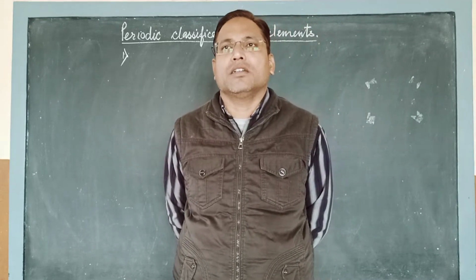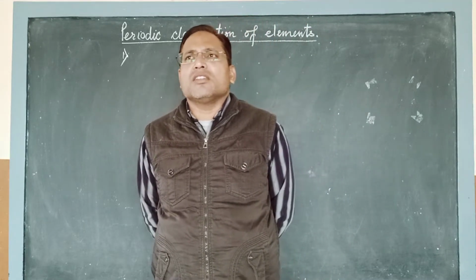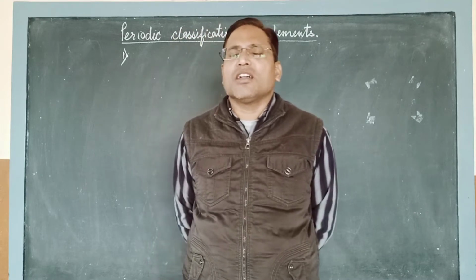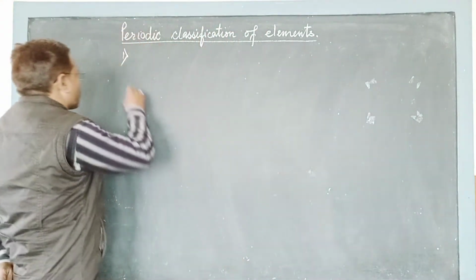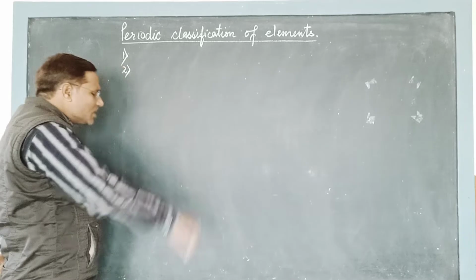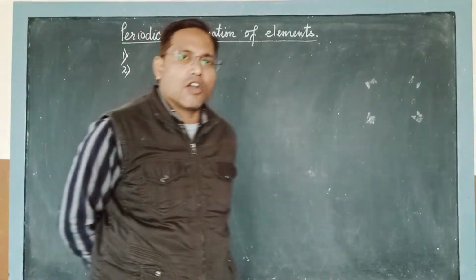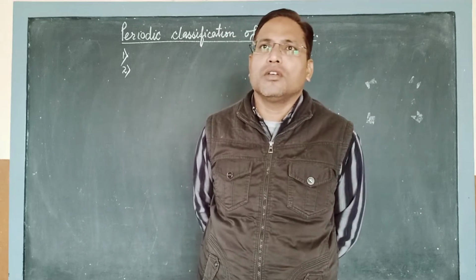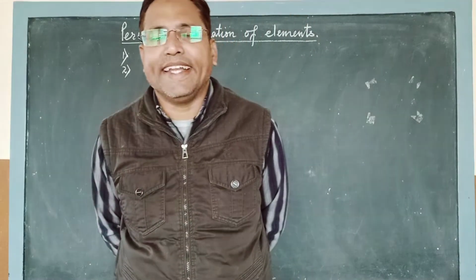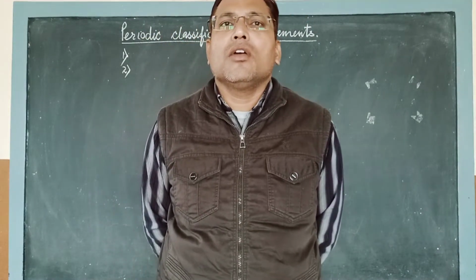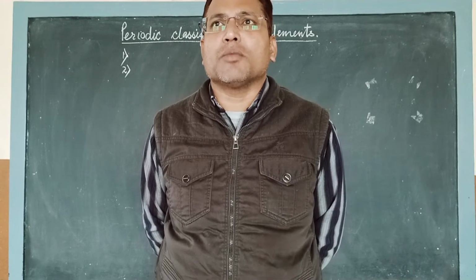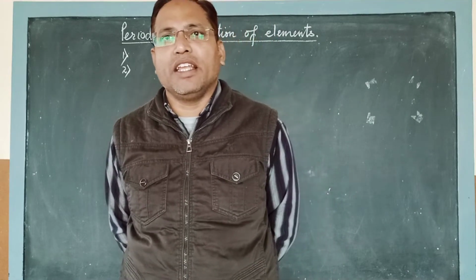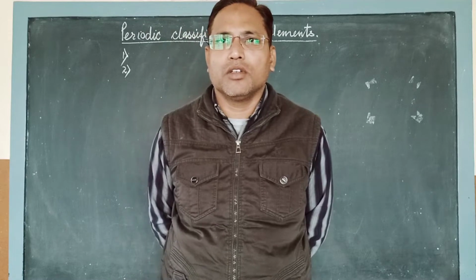not clear. Next, the second defect, we can say the second anomaly, was about the wrong placement of some of the elements. For example, cobalt and nickel. Cobalt has its atomic mass as 58.9 and nickel 58.7.